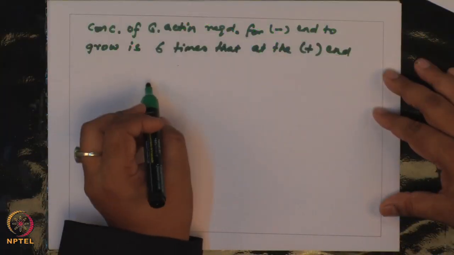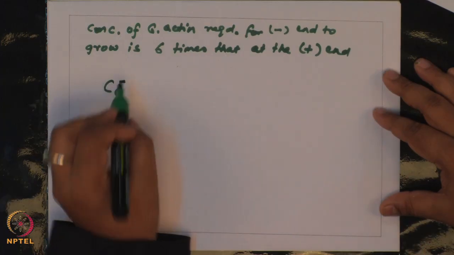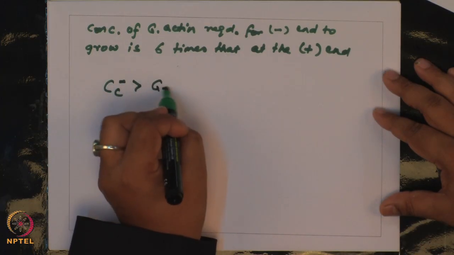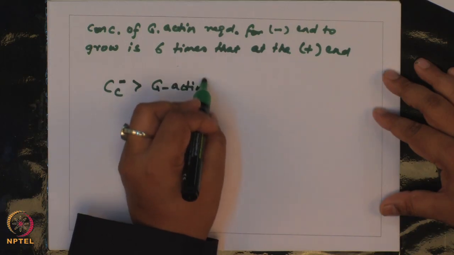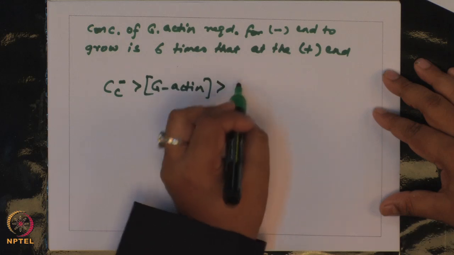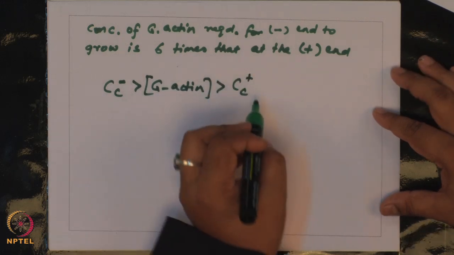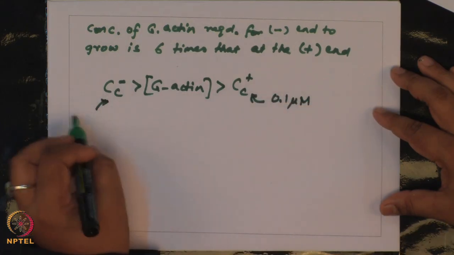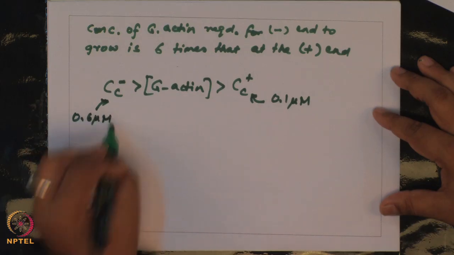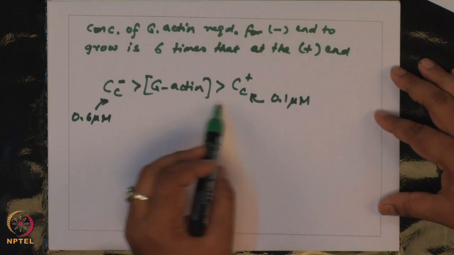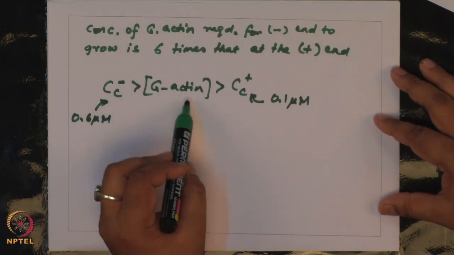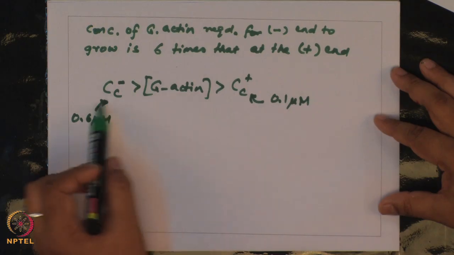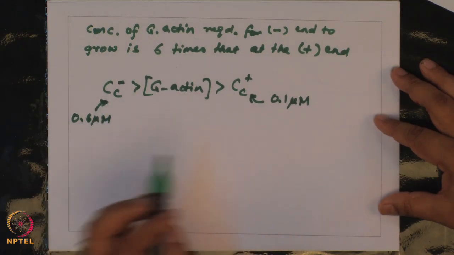Let us find out what will happen. This value is 0.1 micromolar, this value is 0.6 micromolar. If you have a filament and you are operating at a monomer concentration in between these two values, what will happen?